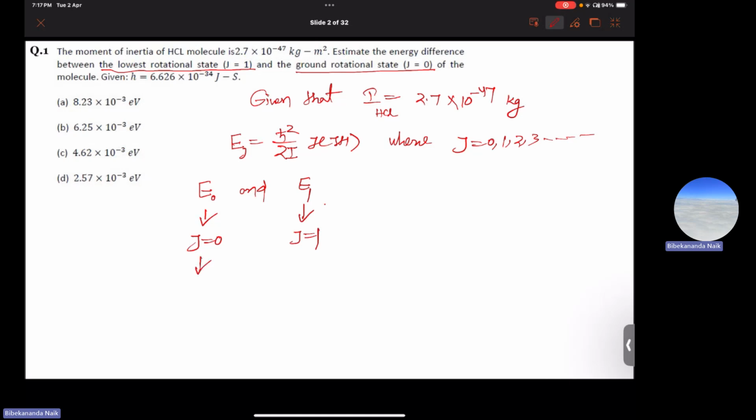This J equal to 0 is called the ground rotational level, and J equal to 1 is called the lowest rotational level.